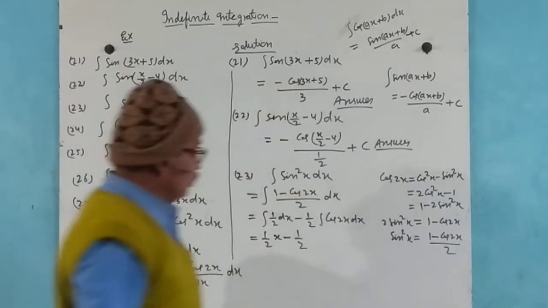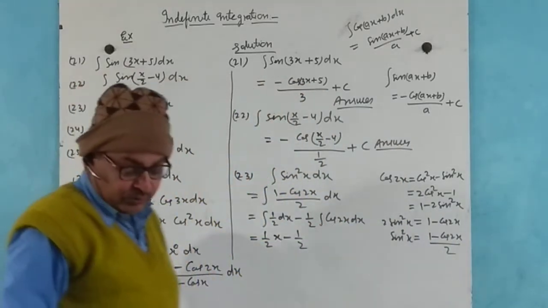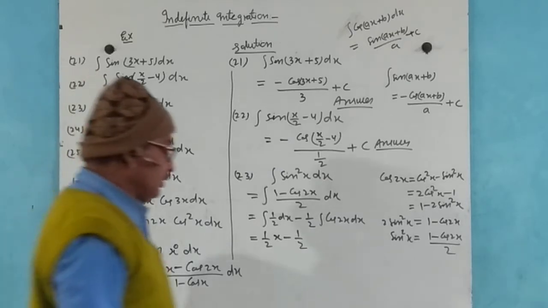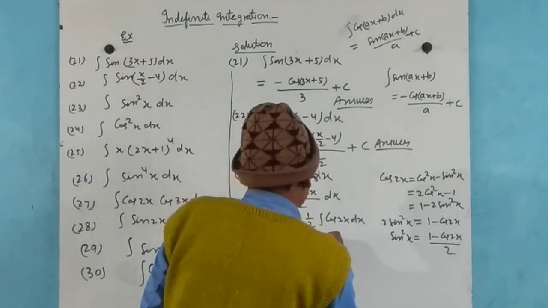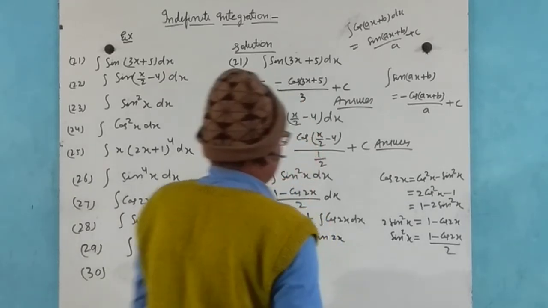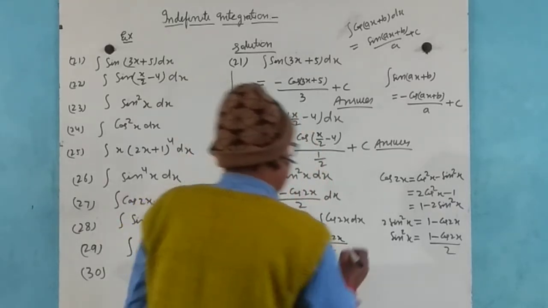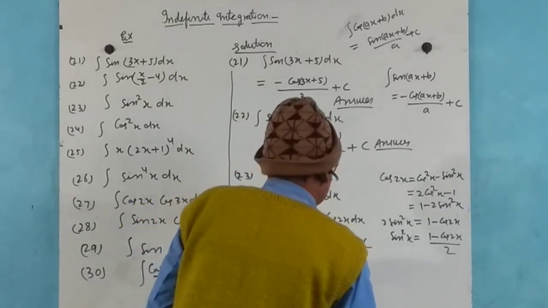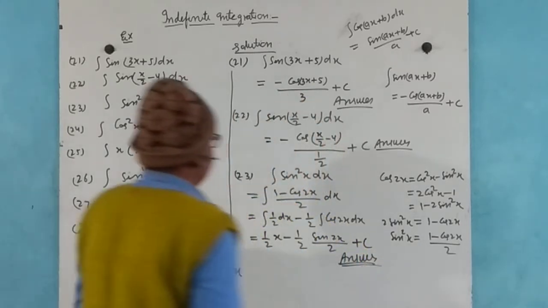So integration of cos 2x is sin 2x divided by 2, plus c. This is our answer.